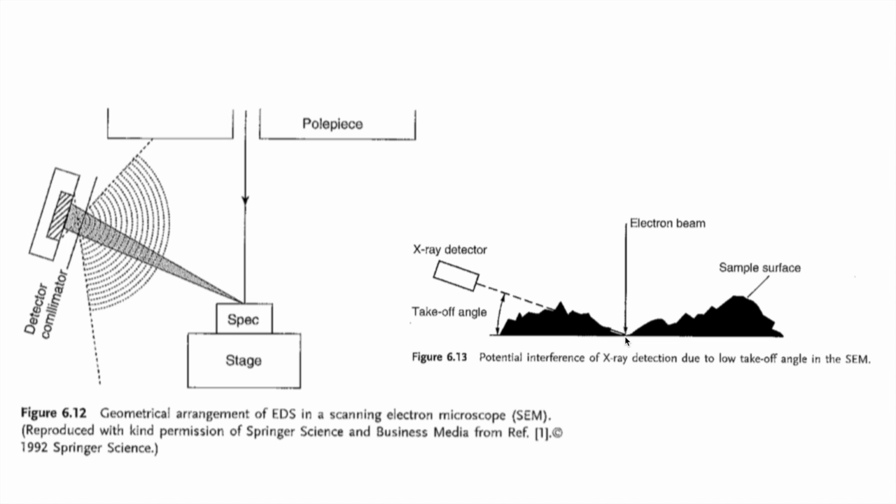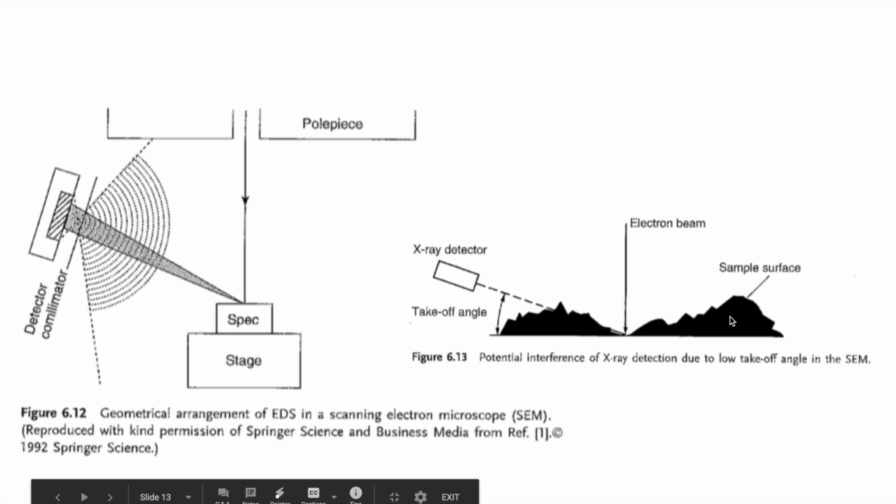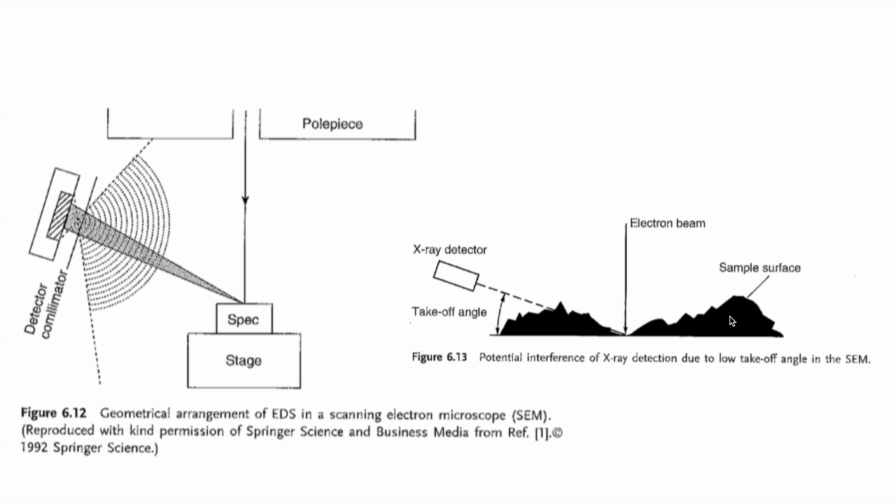This is sometimes referred to as micro-analysis, when we're looking at a very small spot size instead of the whole bulk material. That's the important feature of putting an EDS inside of an SEM. The SEM allows us to image very small places, and the EDS allows us to analyze very small places. Both of the minimum areas that you can identify are going to be governed by the electron beam. So we have to have a very small electron beam to be able to do that.